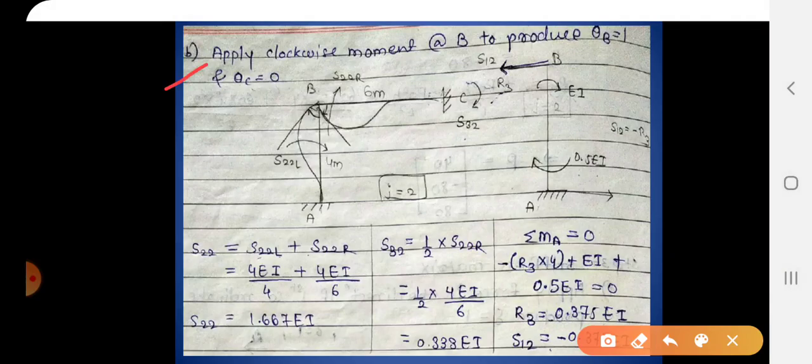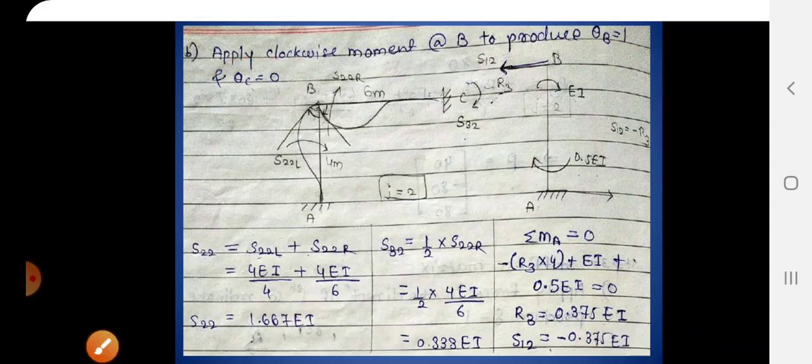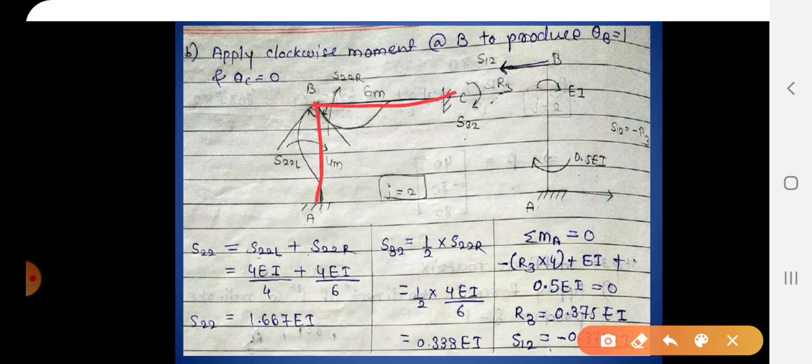Now go to part B. Our second redundant is theta B. Therefore, apply clockwise moment at B to produce theta B equal to 1 and the other displacement theta C equal to 0. So again I have considered this part A, B, C. Clockwise moment at B, J is equal to 2 as being part 2.